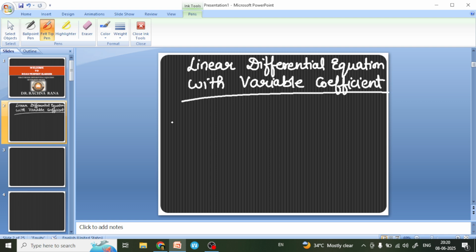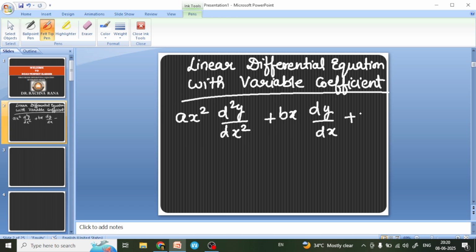In this type of equation, first of all, consider a linear differential equation with variable coefficients like a x square d square y over dx square plus b x dy over dx plus c y is equal to 0.